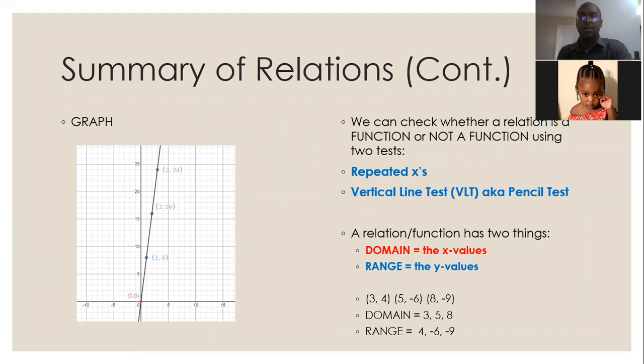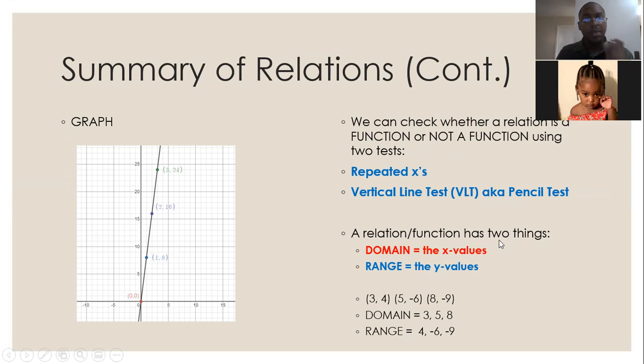We saw that you can check whether a relation is a function or not using two different tests. Test number one was repeated x's. Test number two was the vertical line test. We went over that; it's in the slides, and you can go back and look at it.